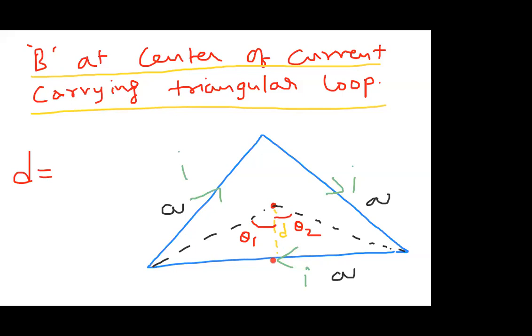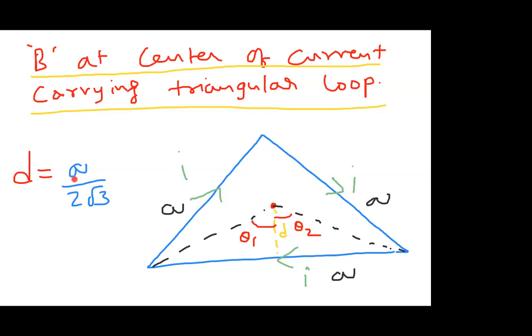If each side is a, then the perpendicular distance we can write as d equal to a by 2 root 3. This perpendicular distance from the center to the side is taken as a by 2 root 3.